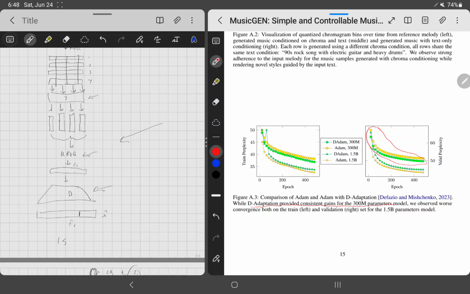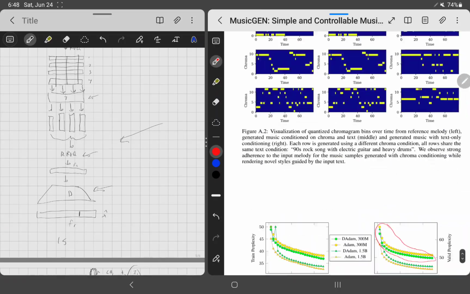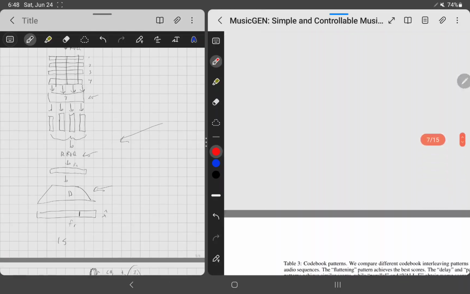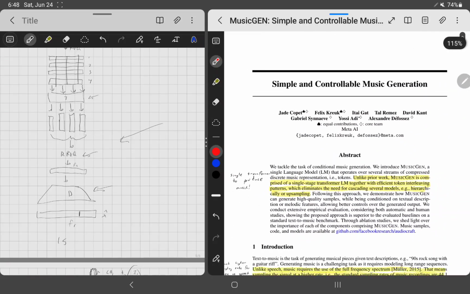On smaller models, it looked to do better, but then on larger models, it did worse. So I don't know what datum is, but if it's a new optimizer, then this may be interesting to take a look at for small scale. But anyways, yeah, that was MusicGen, simple and controllable music generation.